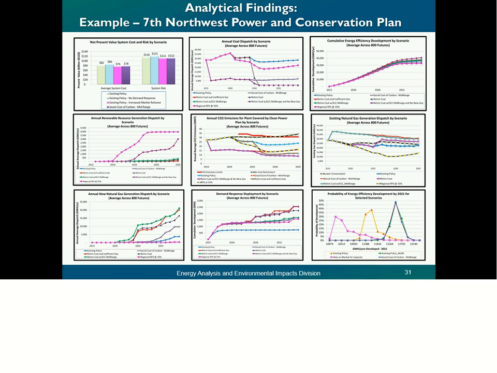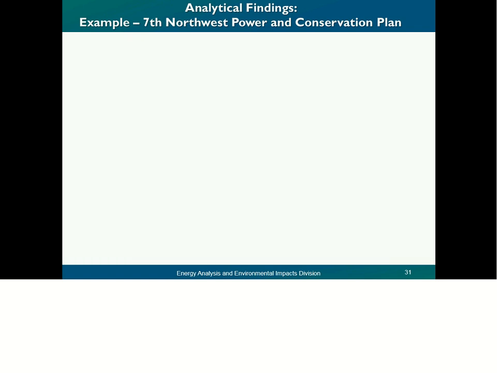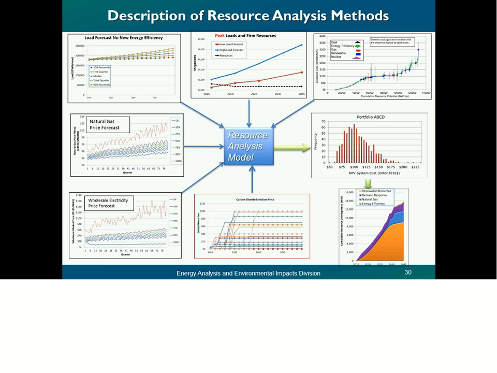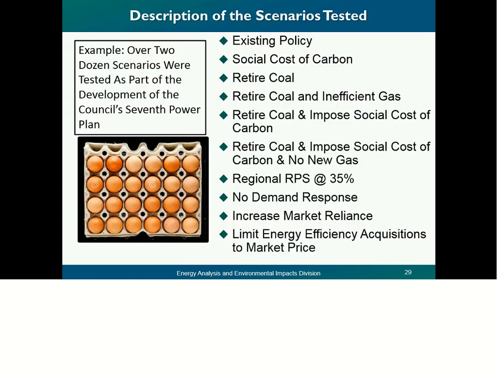Over here. Hi, can you go back to the list of scenarios? Could you talk a little bit more about the one that says retire coal, impose social cost of carbon, and no new gas? Okay. Well, it did what it said. We retired all the coal fleet in the Northwest over a period of time.